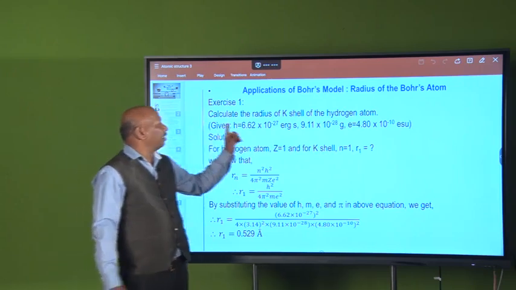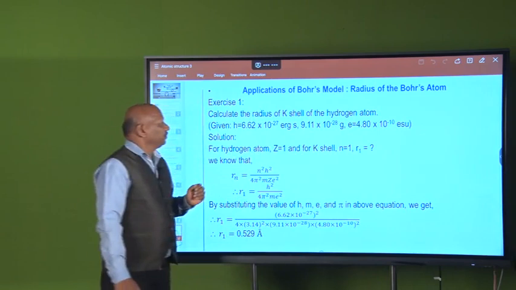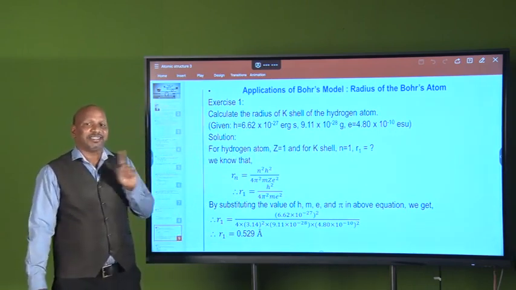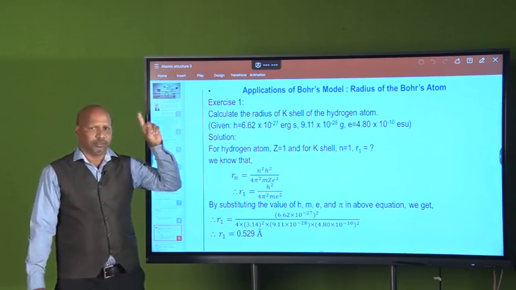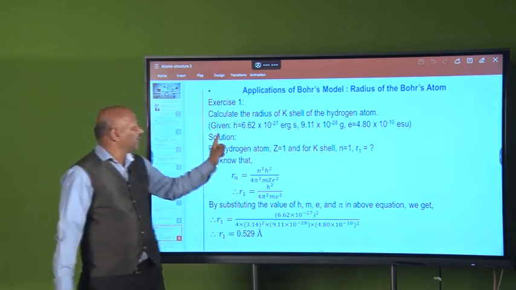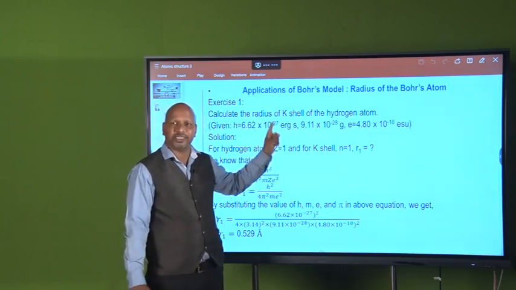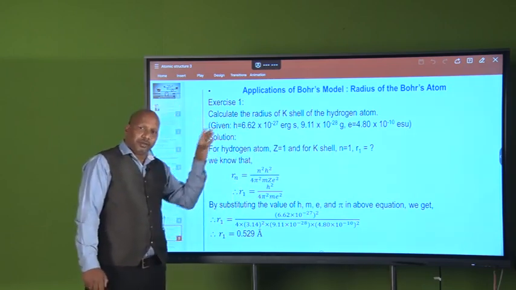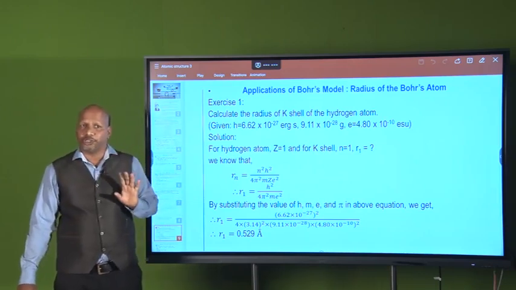First one: calculate the radius of K shell of hydrogen atom. K shell means the first orbit. Already we saw in the assumptions that shells are designated as K, L, M, N from the nucleus. So we have h is equal to 6.62 into 10 raised to minus 27 erg second. Already I told that the equation is derived in CGS units only.